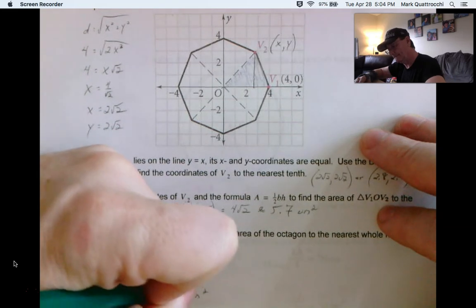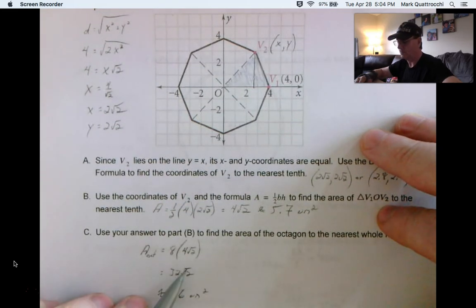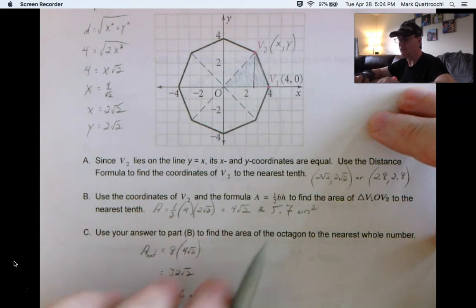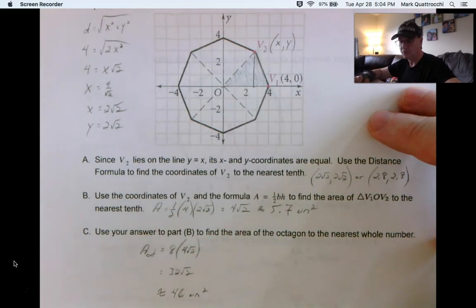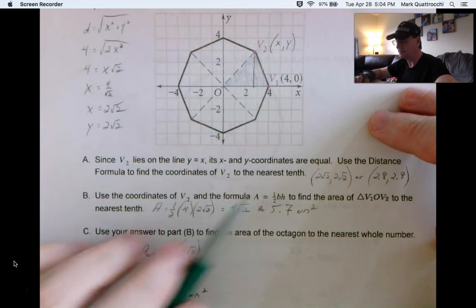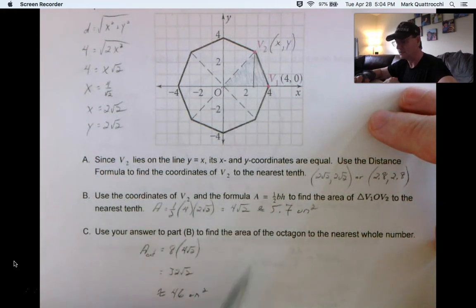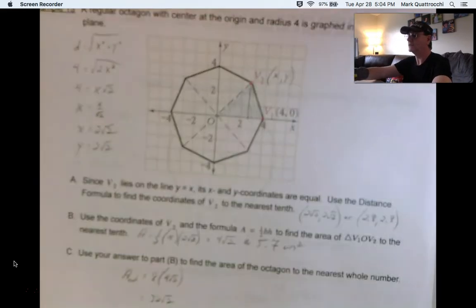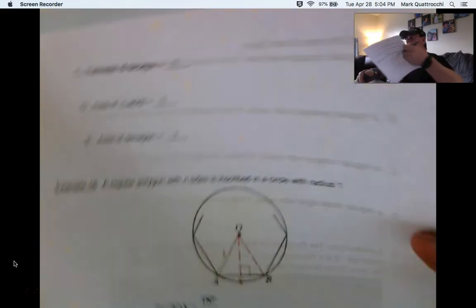Sorry, I shouldn't have used the 4 square root 2, because we were using a rounded number, which is usually a big no-no, but I'm following the directions here in example 13. Round it to the nearest tenth and then use those answers throughout. Okay, so that was example 13, part C.